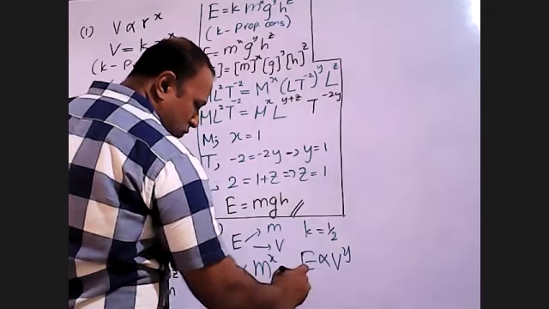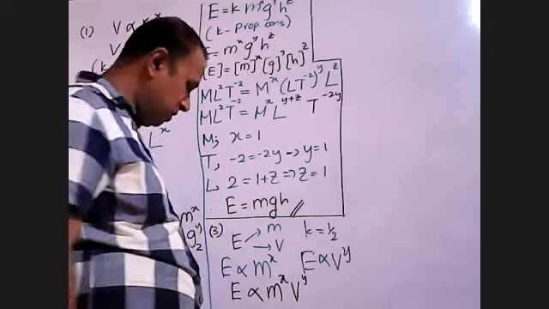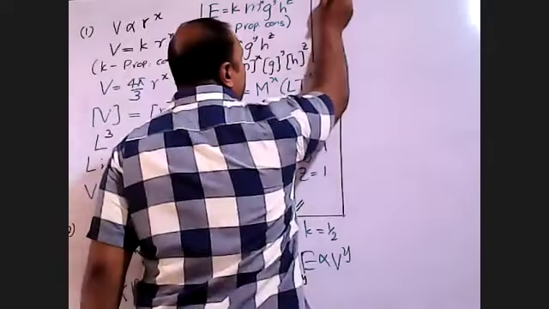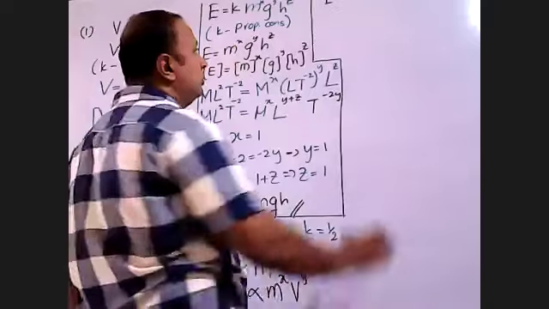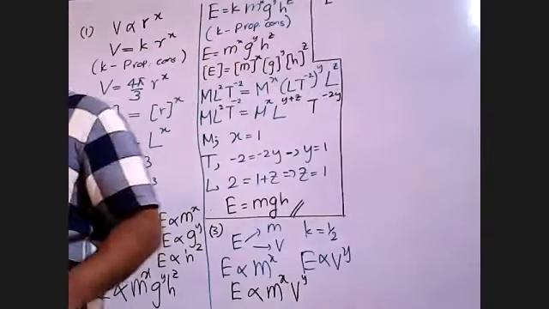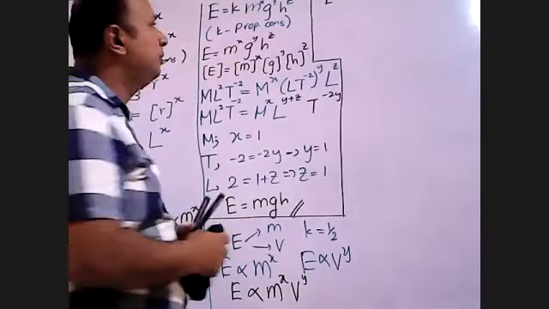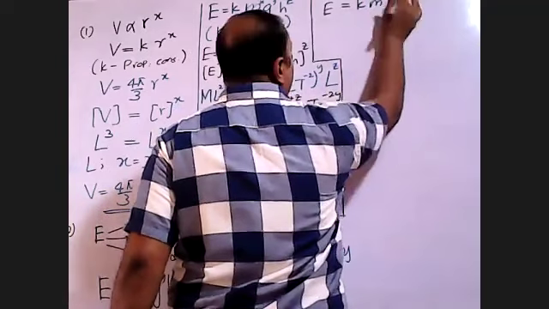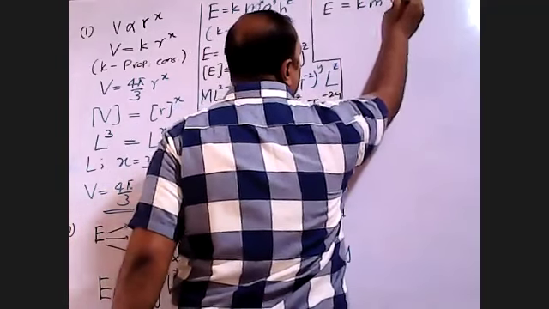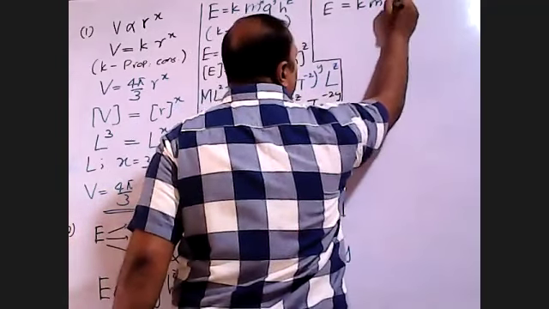Then this relationship can be converted into an equation. So E is equal to K times m to the power x, v to the power y.